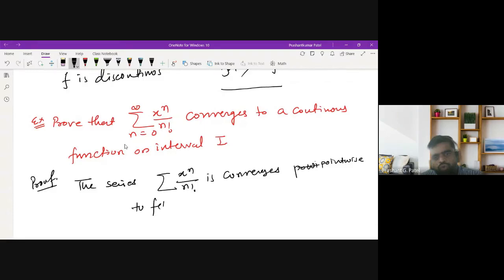Because by ratio test, a(n+1) upon a(n). What is a(n)? It is x power n upon n factorial. So a(n+1) is x power n+1 upon (n+1) factorial.